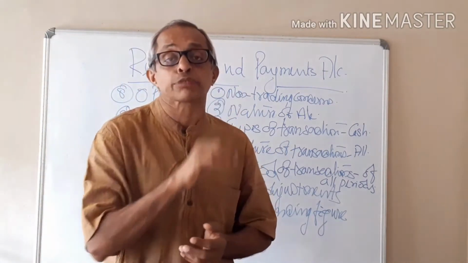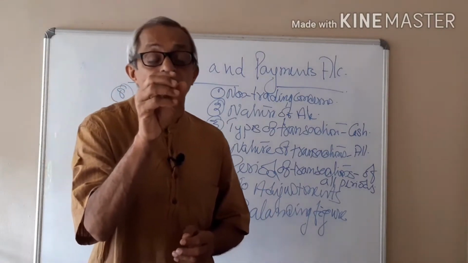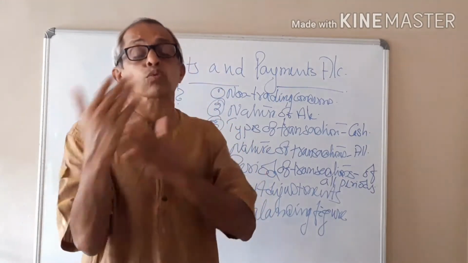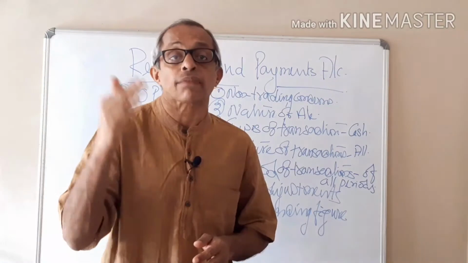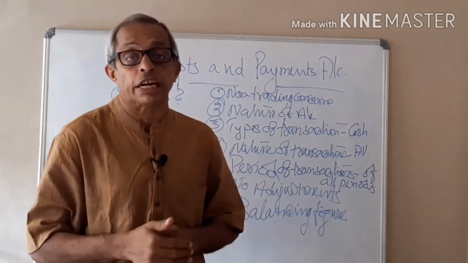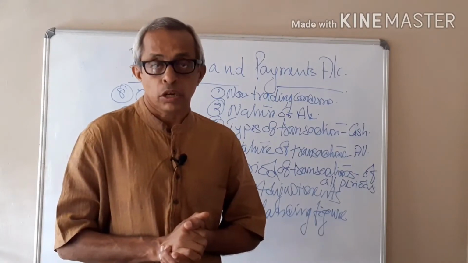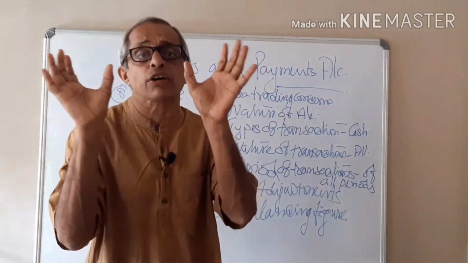And if there is a bank balance, that will also be shown on the debit side of the receipts and payments account as the first item. If there is a bank overdraft, the same will be shown as the first item on the credit side. So all opening balances of both cash and bank will be shown.